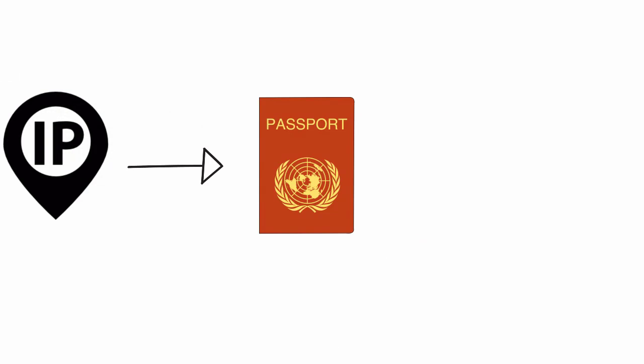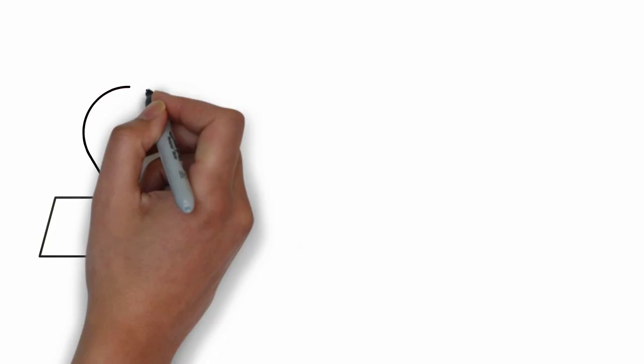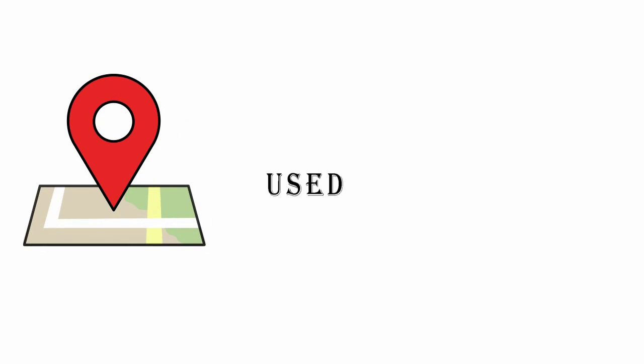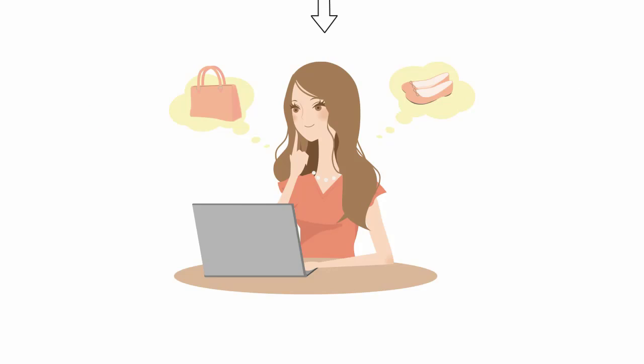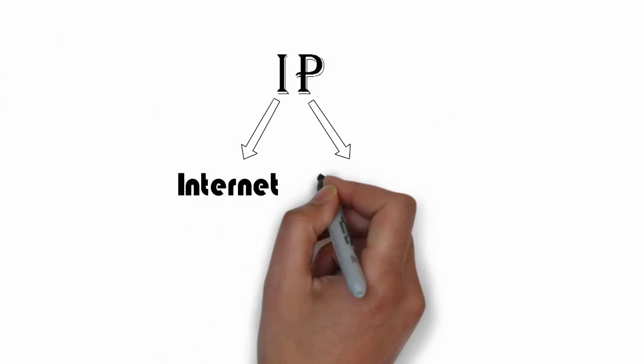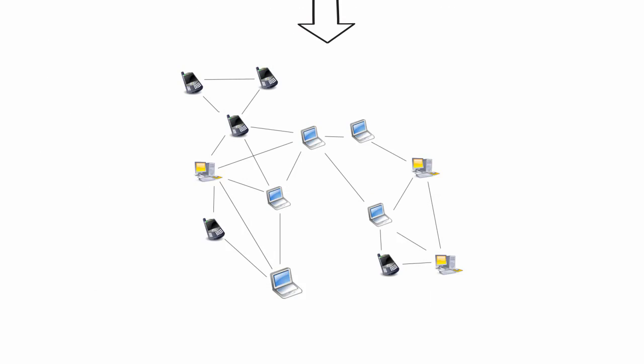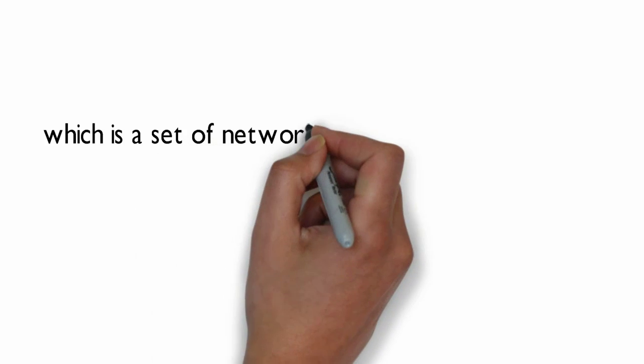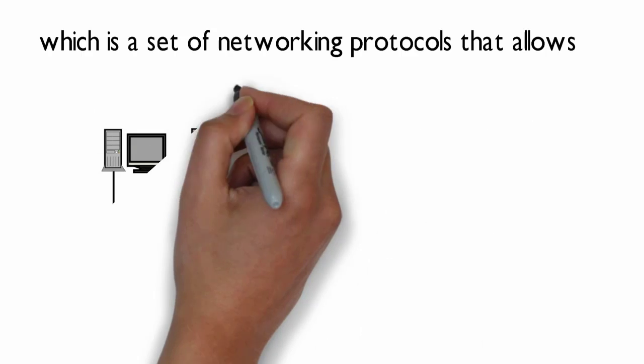Your IP address is your passport to the internet, but it also gives away your location and is used to profile your individual online activity. IP stands for Internet Protocol, which is a set of networking protocols that allows two or more computers or devices to communicate.